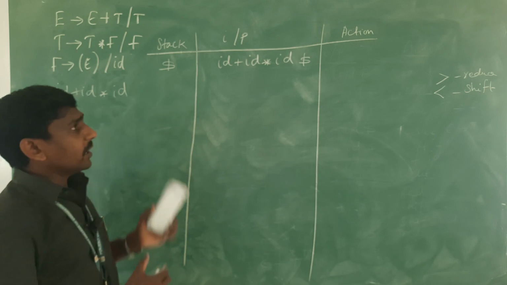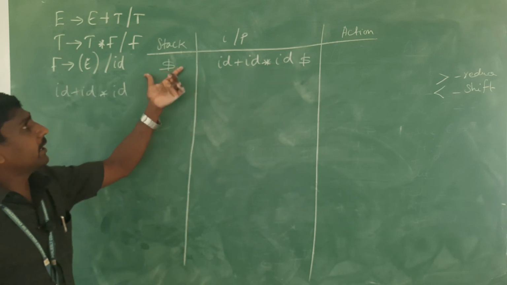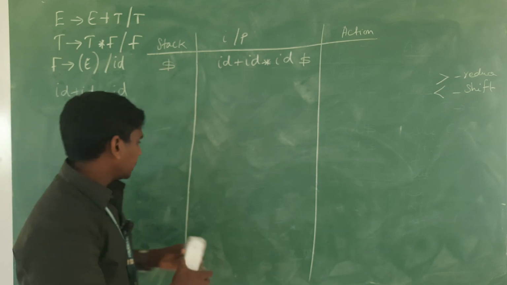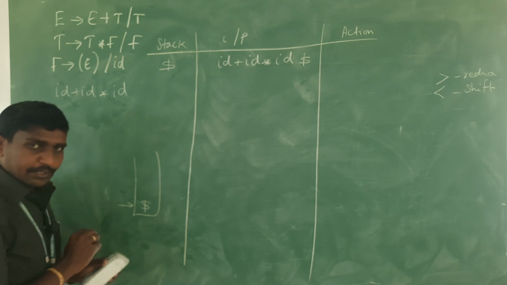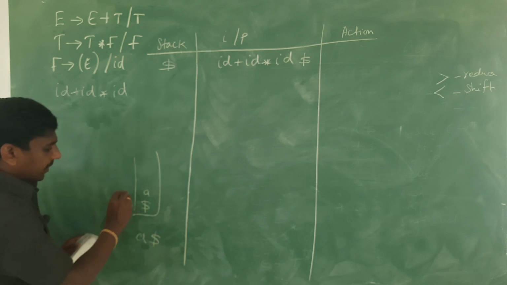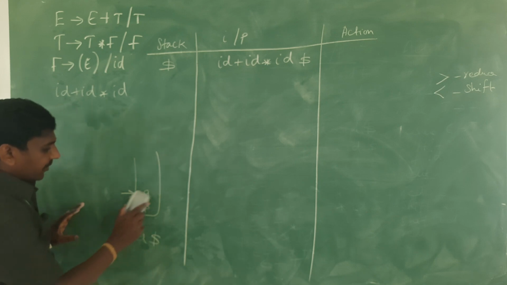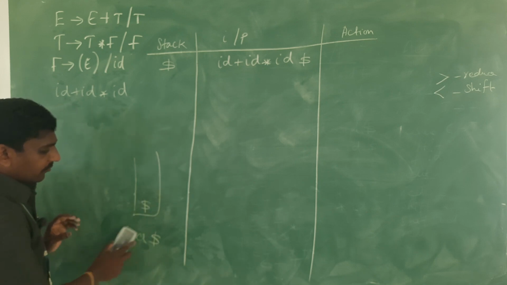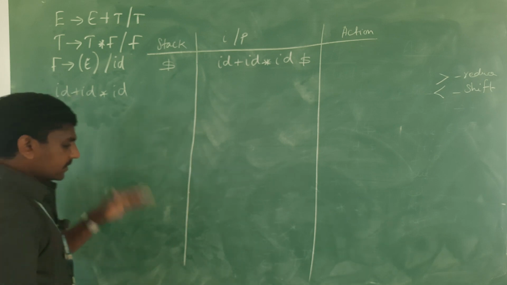Why are we putting dollar? It represents the end of the input as well as the bottom of the stack. If only a dollar is there, the stack is empty, since the pointer points to the top of the stack.